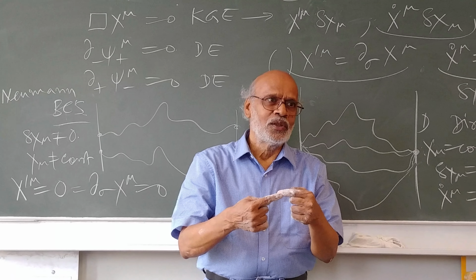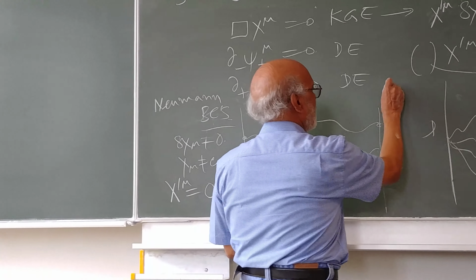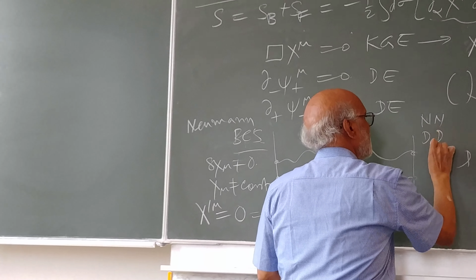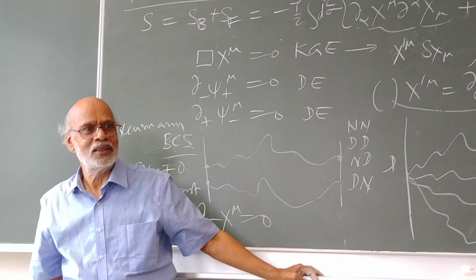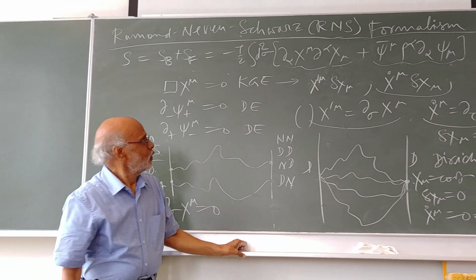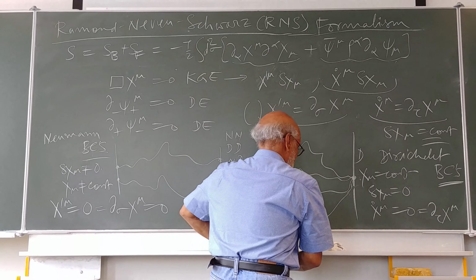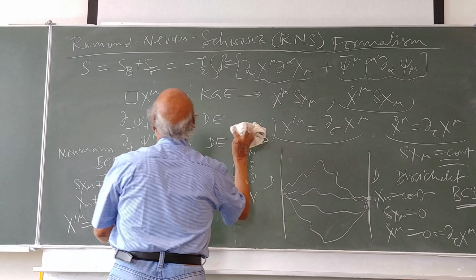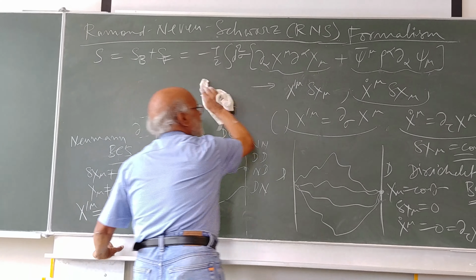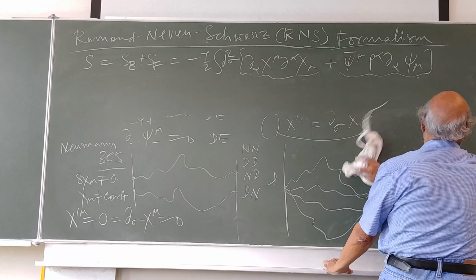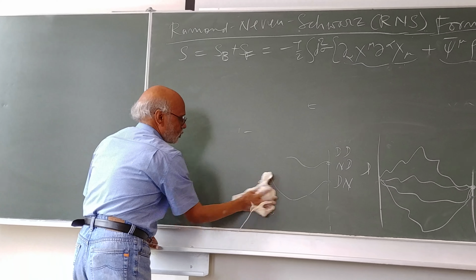Okay. And for the open strings you have either N and N, D and D, or N and D kind of boundary conditions. So a little bit about this. I thought it was the right moment to talk about this, and then we would also talk about this. Let me again create a space. Whatever I need, I should write again.